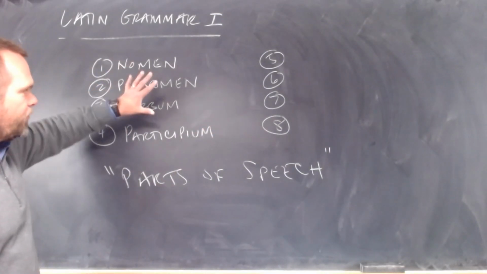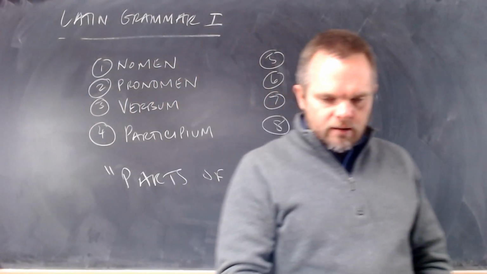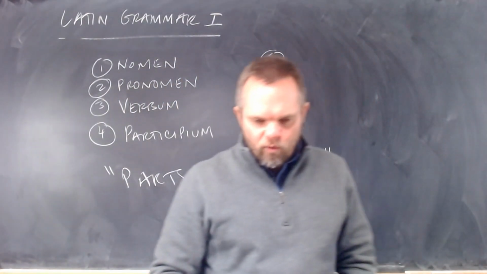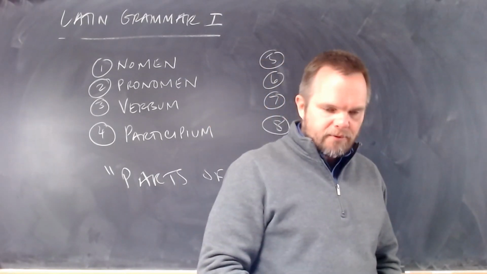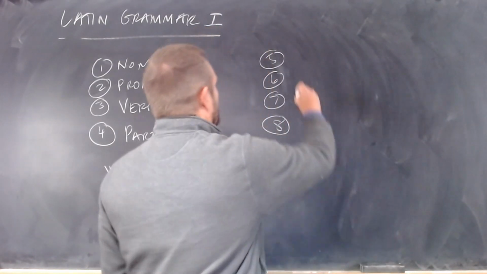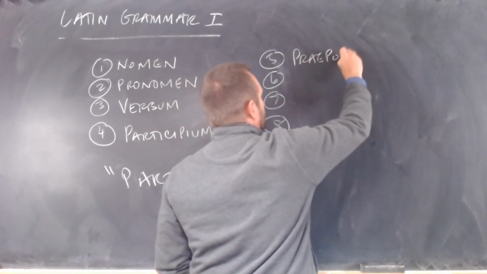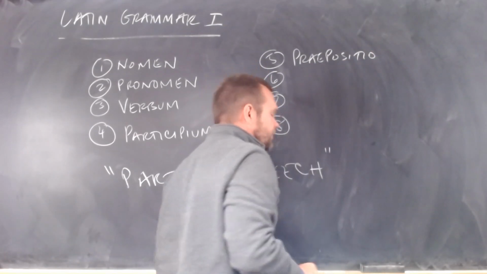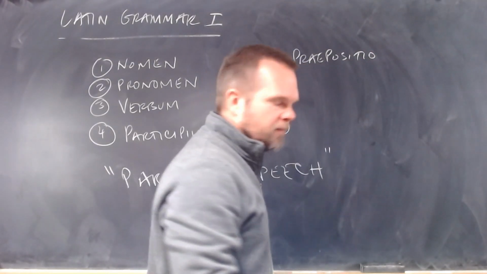And this group of 4 is important, as we'll see. The second group of 4 listed there in rule number 1 of chapter 2: prepositio, the 6th that's listed, adverbium.